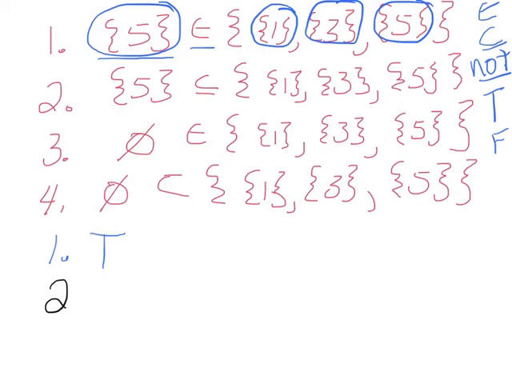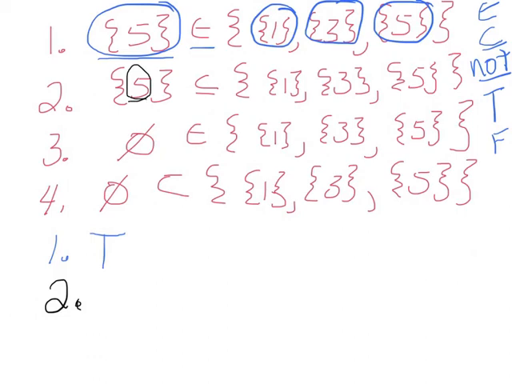So let's look at question number 2. The set containing 5 is a subset of the set containing 1, the set containing 3, and the set containing 5. In this case, this is a set over here that has the element 5.